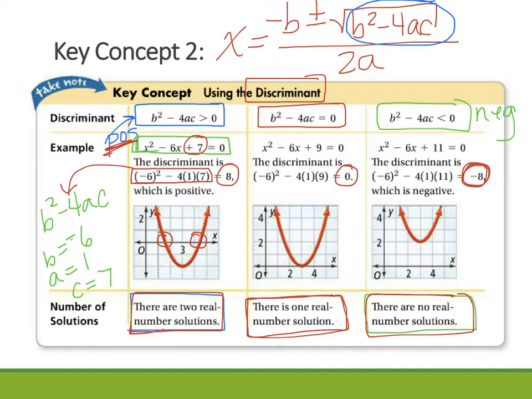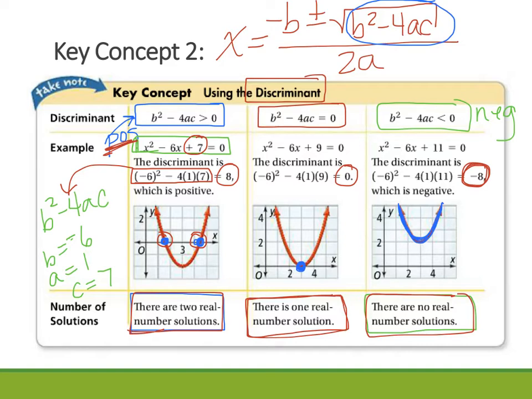So 2 real solutions means that the graph of the function crosses the x-axis 2 times, like this one. 1 real solution means that the graph of the function touches the x-axis in one place. No real solutions means that the graph of the function never intersects the x-axis. It's either completely above or completely below the x-axis.